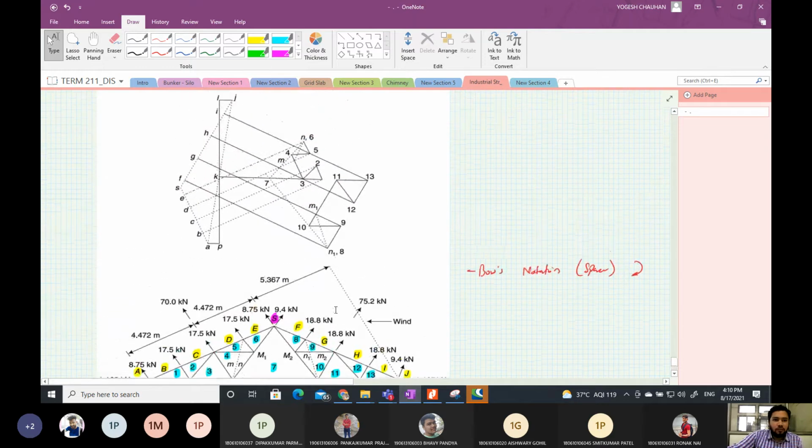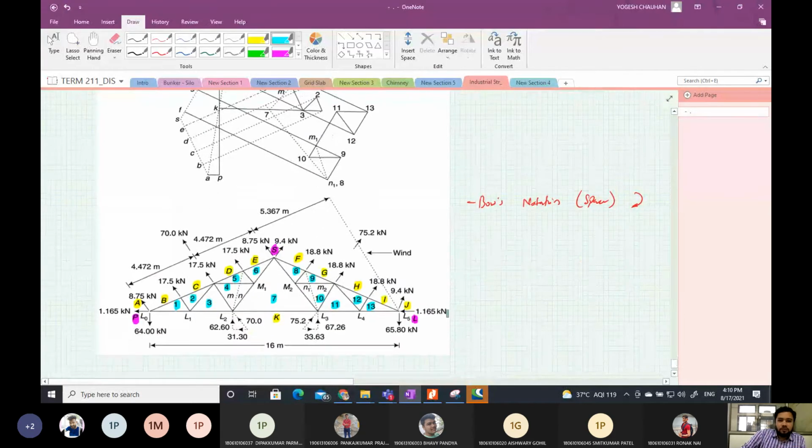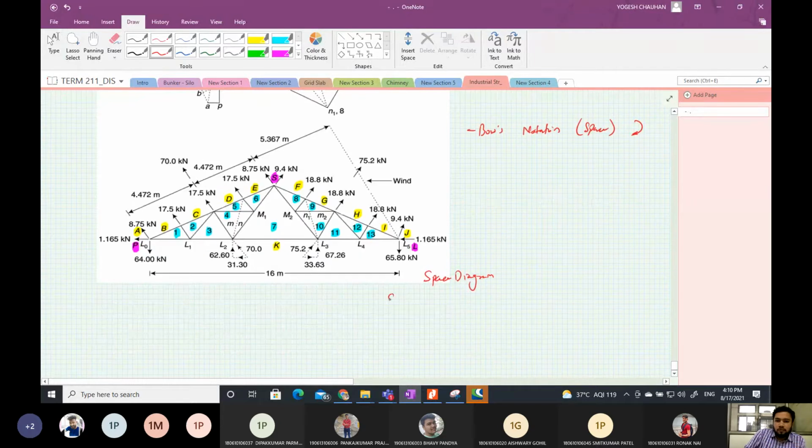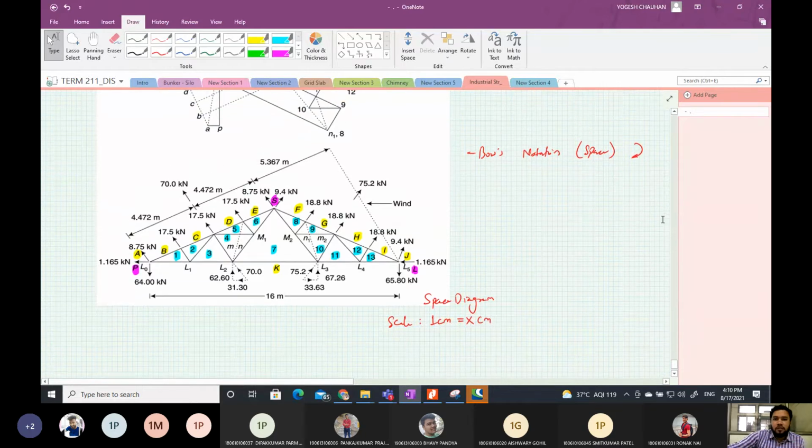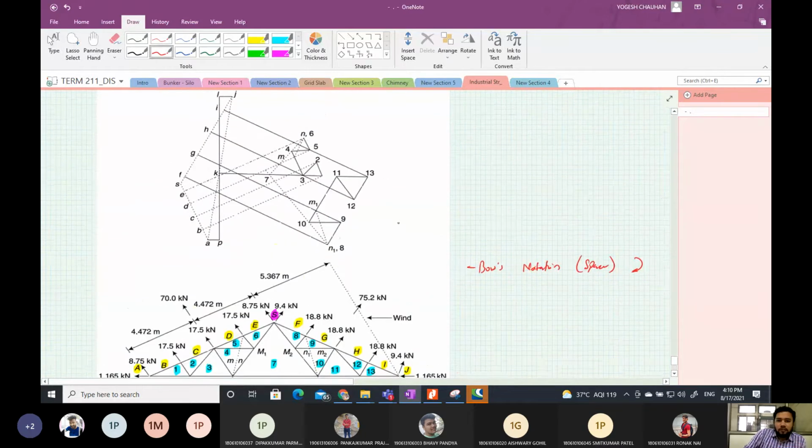Now here this is your space diagram, which is drawn with a scale of 1 centimeter equals x centimeter. And this is your vector diagram.